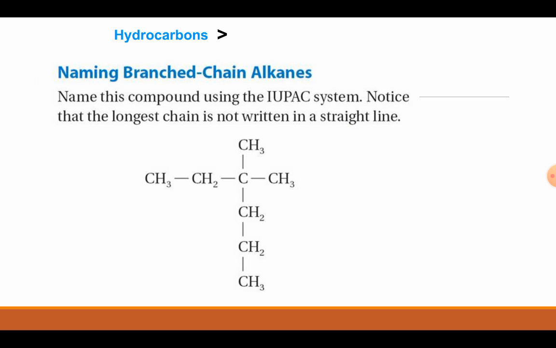the IUPAC system. Notice the longest chain is not written in a straight line, because most students think the straight line is the parent chain. No. Maybe it's L shape, not straight. Like here, look here.